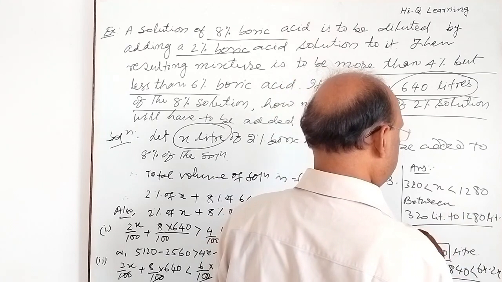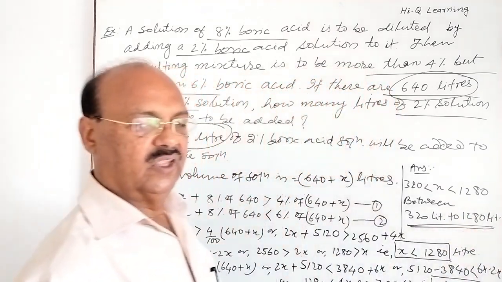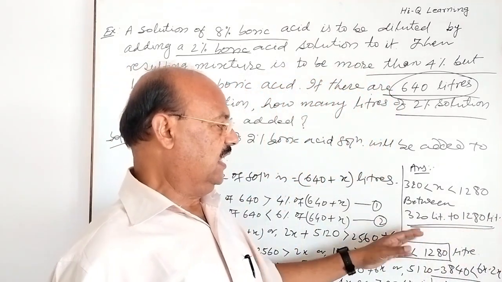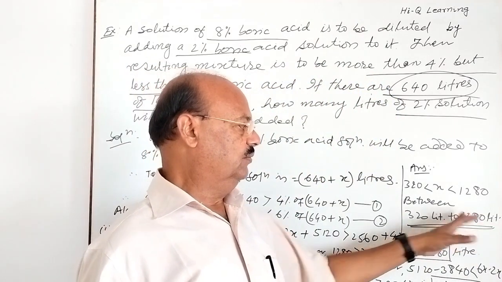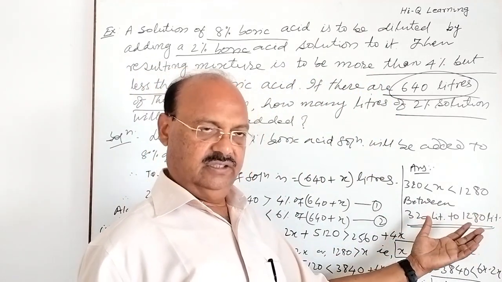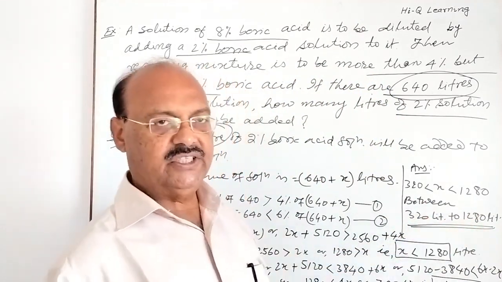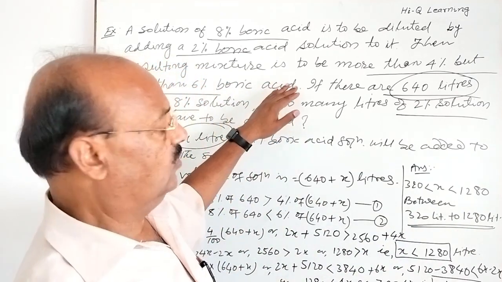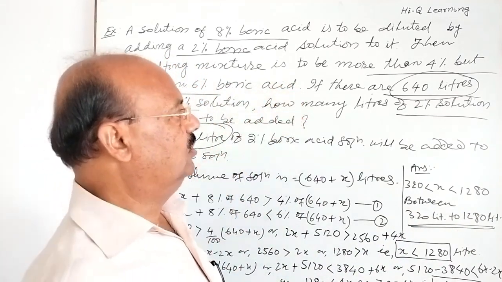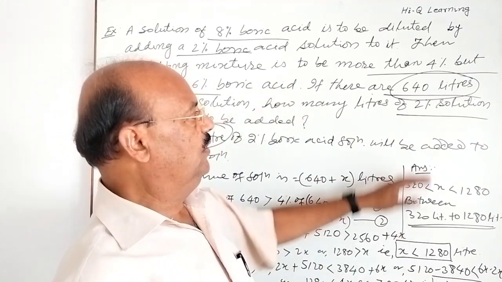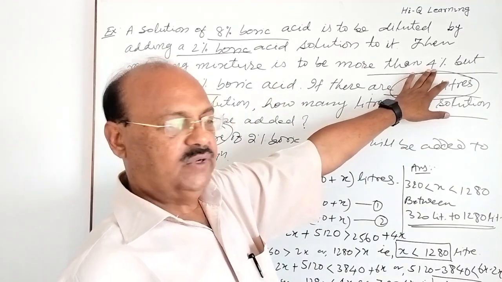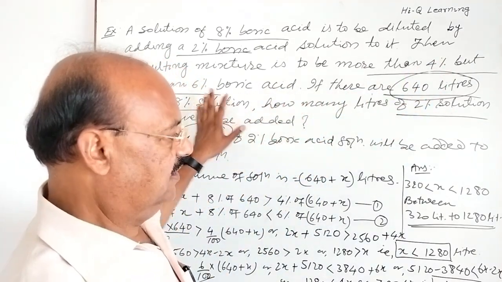Correct? So this is the solution. Whenever we add between 320 to 1280 liters of 2% solution of boric acid, we will get the required result, meaning the concentration of the resulting solution will be more than 4% but less than 6%.